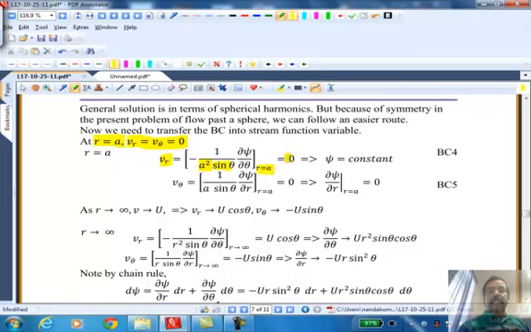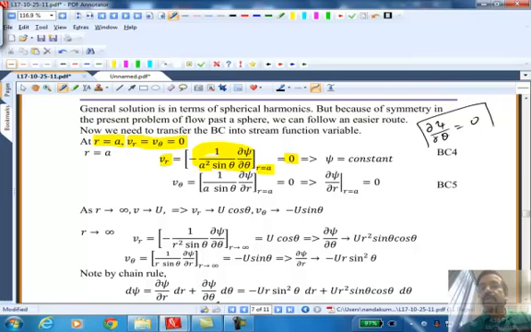I want that to be equal to 0. That means I want this entire expression to be equal to 0. Obviously, sine theta is not 0 always, and a is not 0. So what I want is this term d psi d theta to be equal to 0 at r equal to a for all theta.